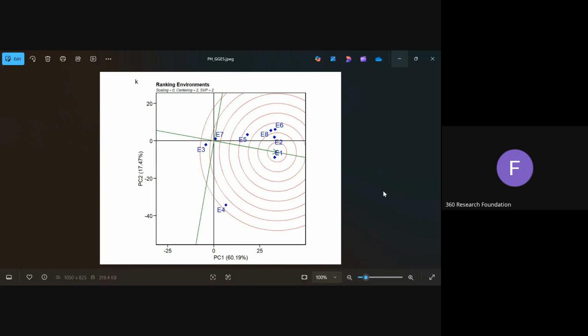Right? So E3, you can consider it is somewhat nearer, but E4 is far from the origin. So making E3 is less effective. E3 and E4, both you can consider as less effective in distinguishing the genotypes.